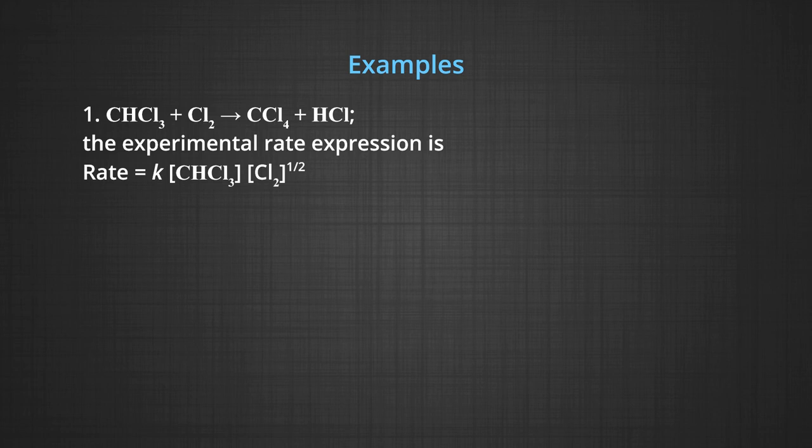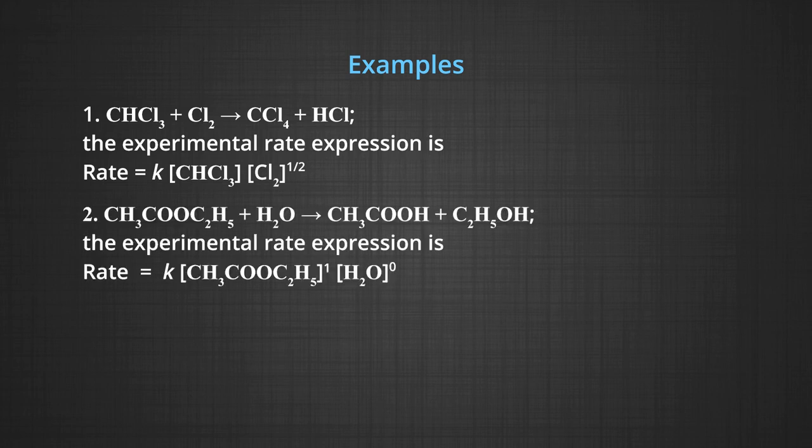Now, in example number 1, you can see CHCl3, chloroform. When it reacts with chlorine, it gives carbon tetrachloride, that is CCl4, plus HCl. The experimental rate expression is rate equals k, the molar concentration of CHCl3 and the molar concentration of Cl2 raised to power half.